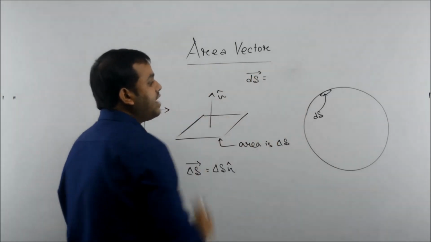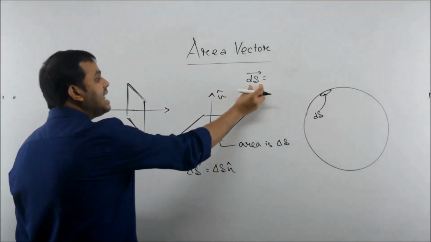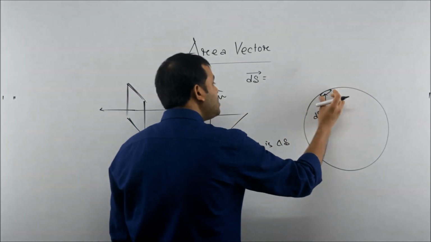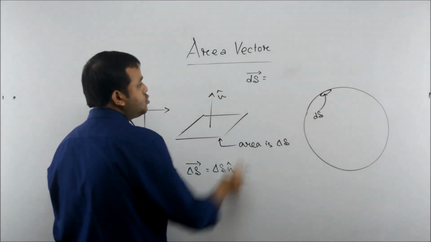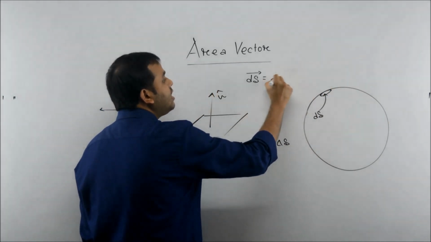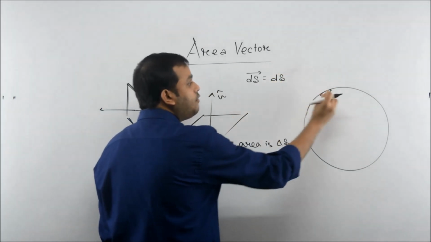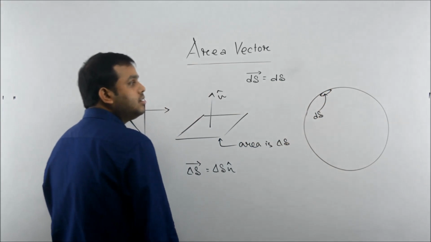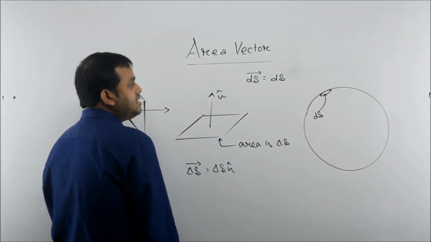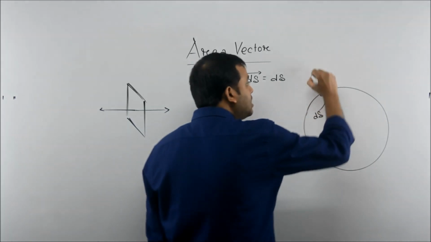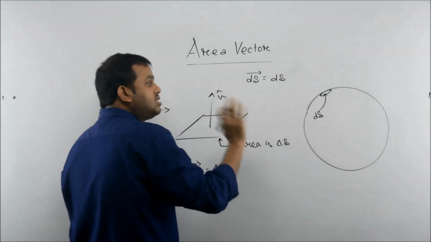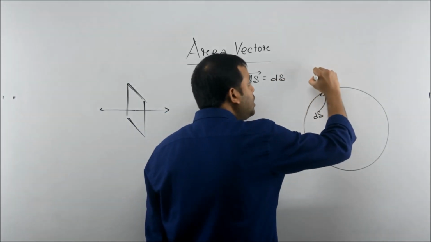It is the area vector associated with this area, whose magnitude is the area of this small part. Clear students? And what is the direction? Students, it is not only normal to the surface, it should be the outward drawn normal.